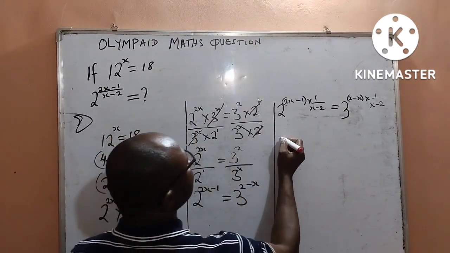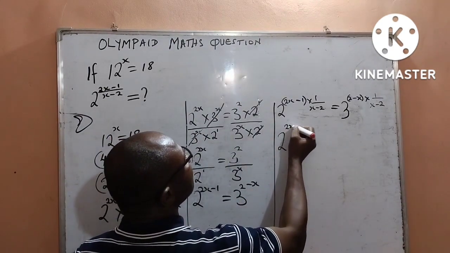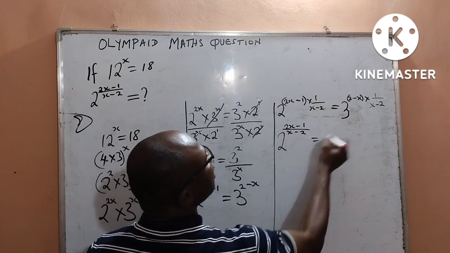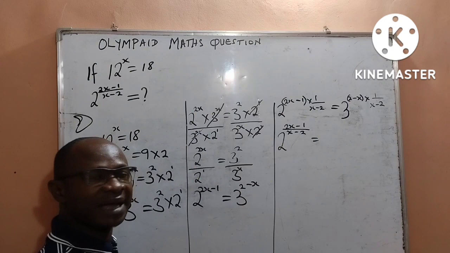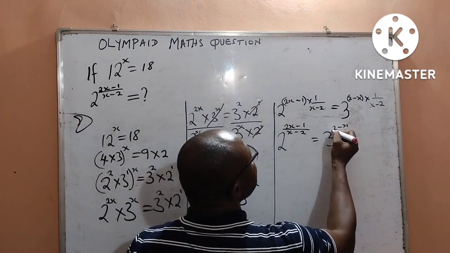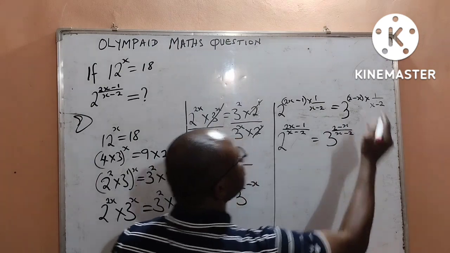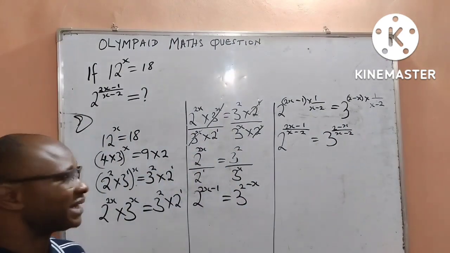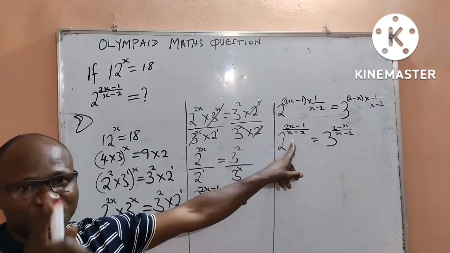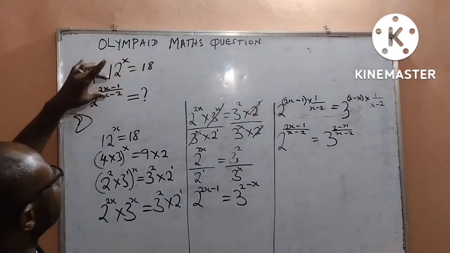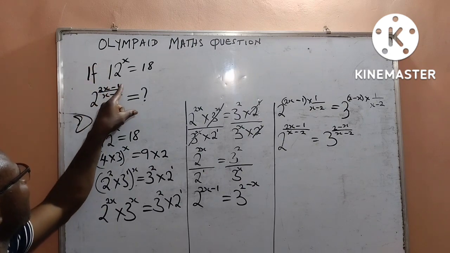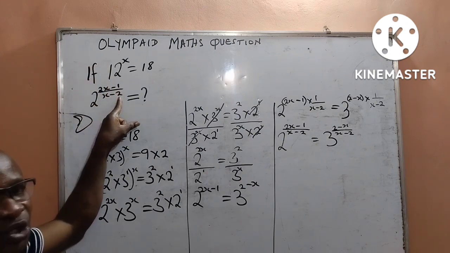From the left, I will now have 2 raised to the power 2x minus 1 all over x minus 2 equal to, by the right, I will have 3 raised to the power 2 minus x all over x minus 2. If you look at what I have by the left, you will confirm with me that that is exactly what we are asked to find. 2 raised to the power 2x minus 1 over x minus 2.